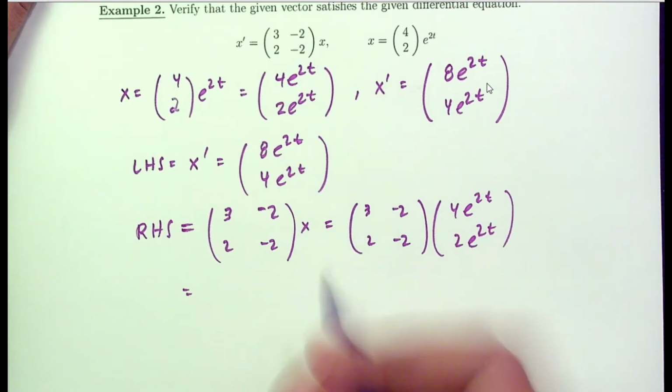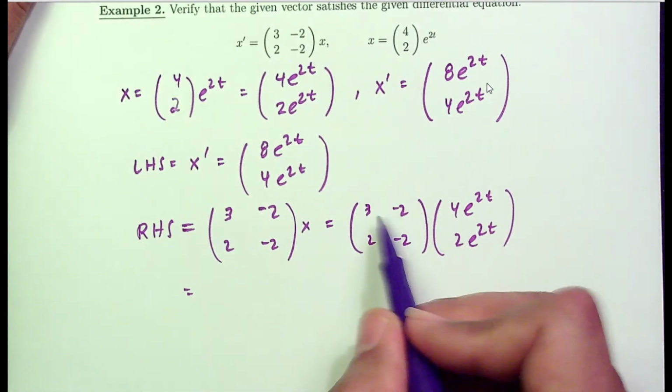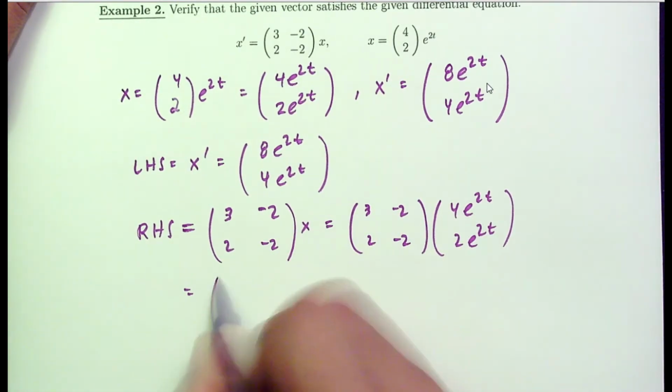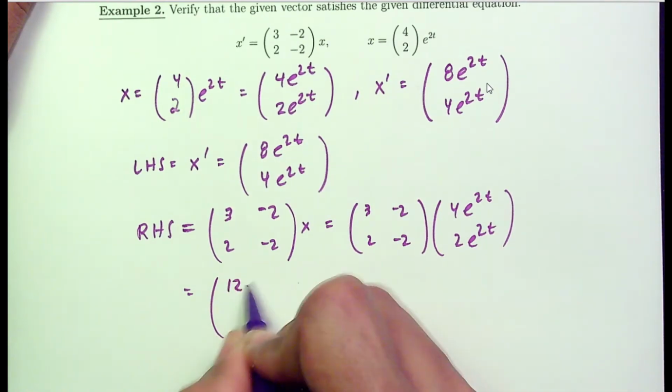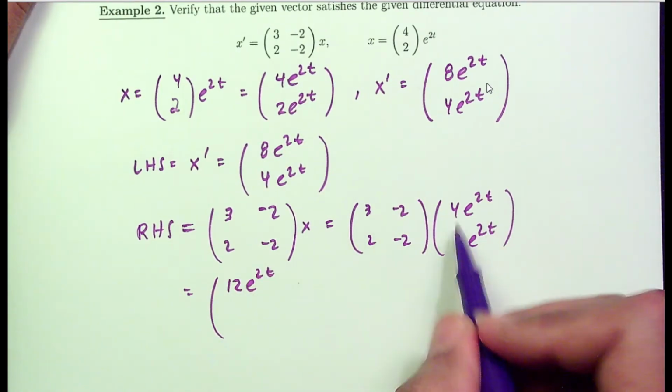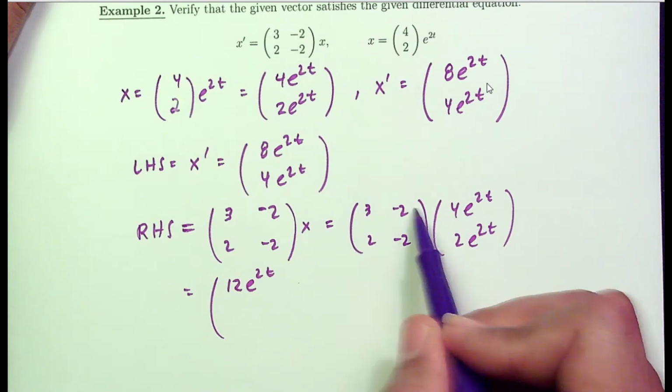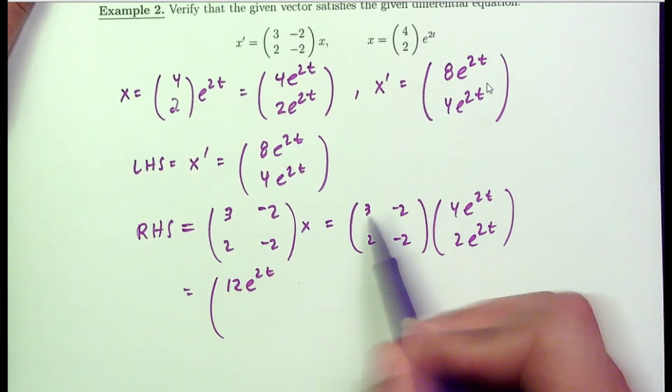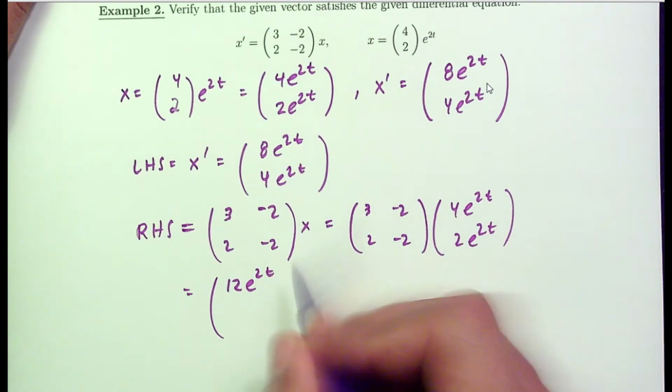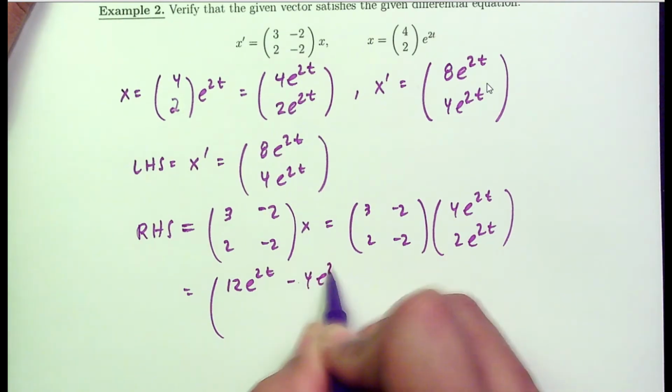Now let's multiply this matrix by that vector. Remember, it's a dot product of this row with that column. So 3 times that would be 12 e to the 2t, and then negative 2 times that would be minus 4 e to the 2t.